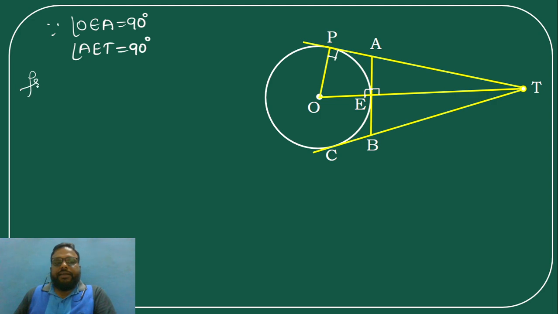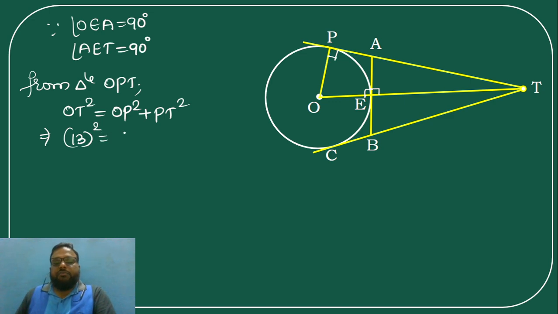Now from triangle OPT, the right angle is at P. So I can write OT square is equal to OP square plus PT square. OT is 13, so 13 square is equal to 5 square plus PT square.